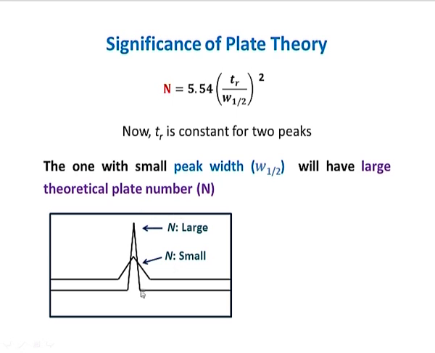And for the other case, when peak width is small, your theoretical plate number has got to be large, and hence the larger the plate number, the higher is your column efficiency. So, what as a chromatographer are you looking at? You are looking at a peak width which is small and a Tr which is high if you want a good column efficiency for your chromatographic separation. This is the significance of plate theory.